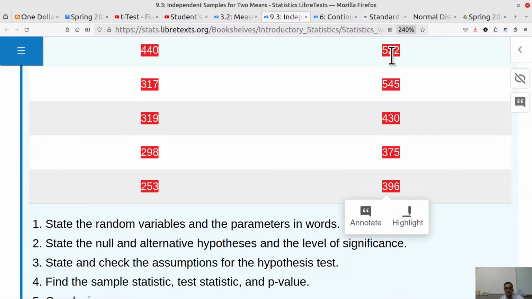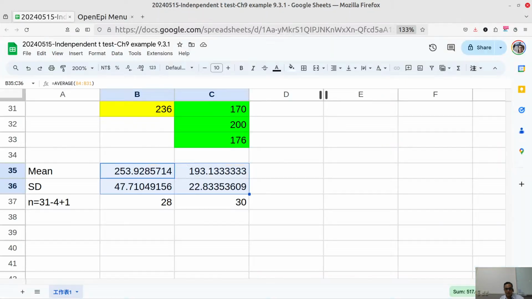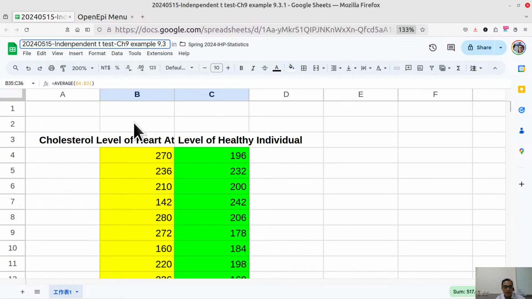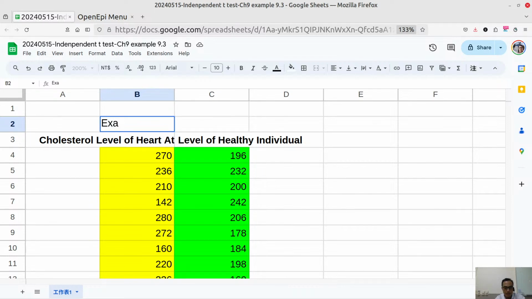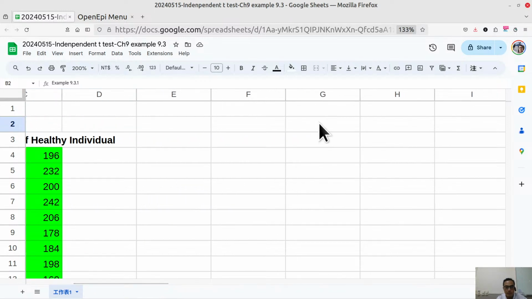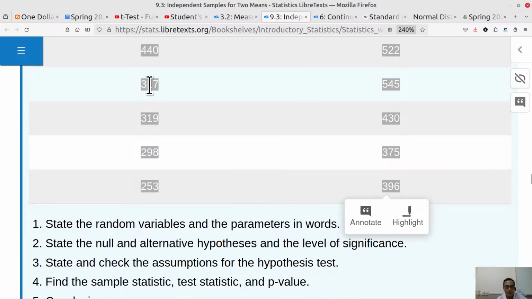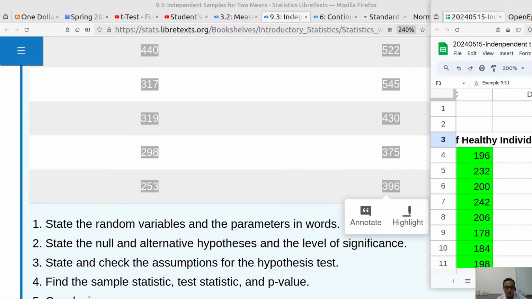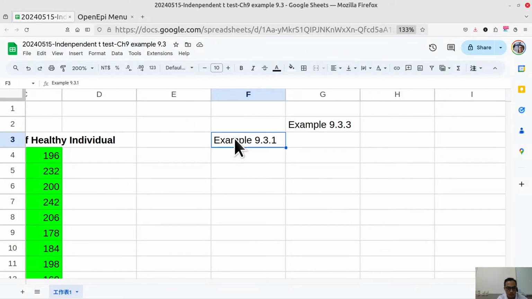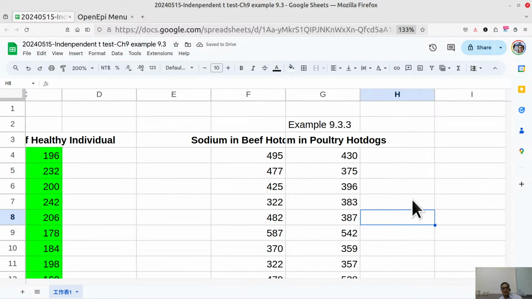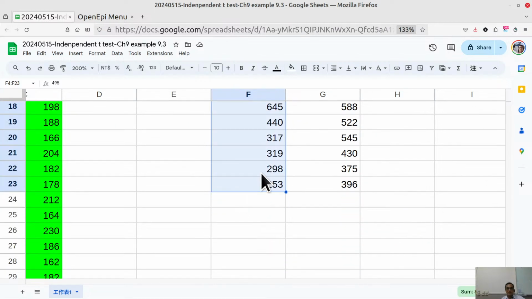Copy. And go to the next page. Okay, and now I got the information here, and the first column here, that is beef.